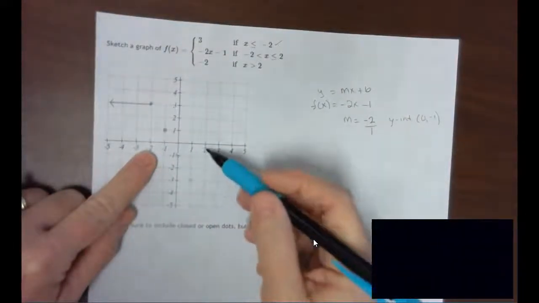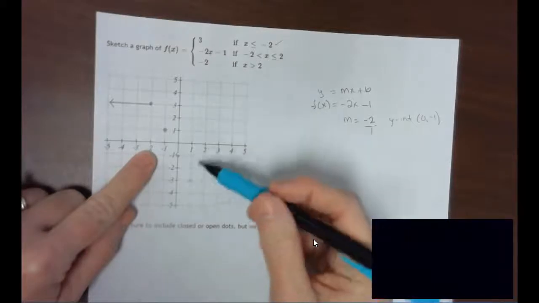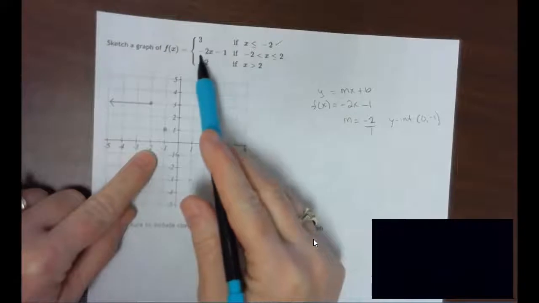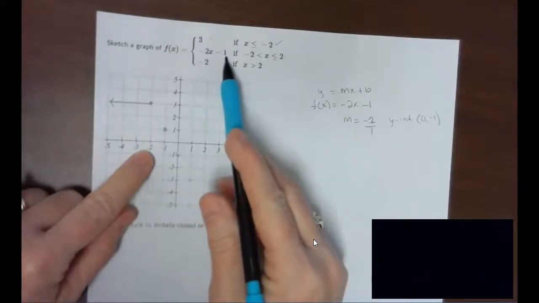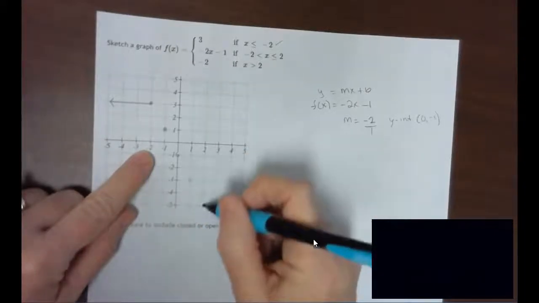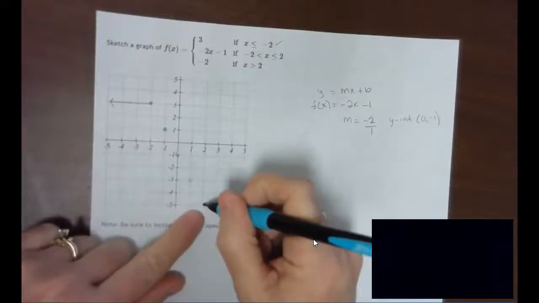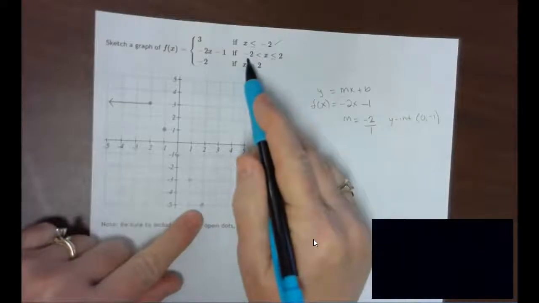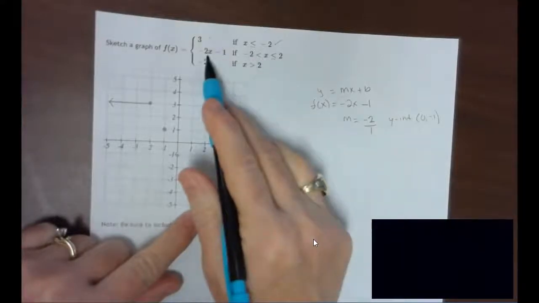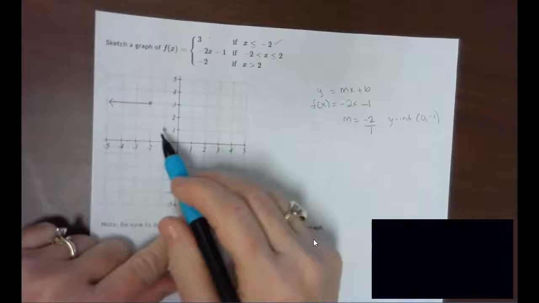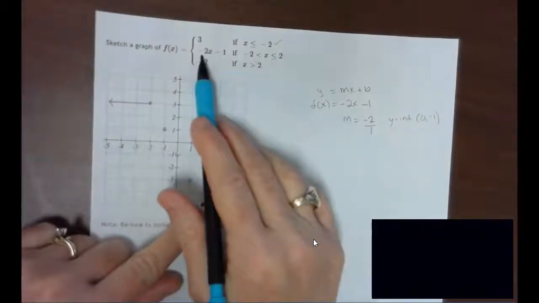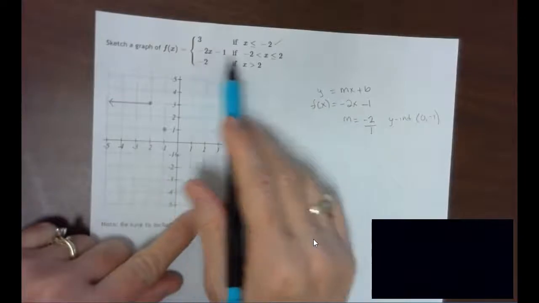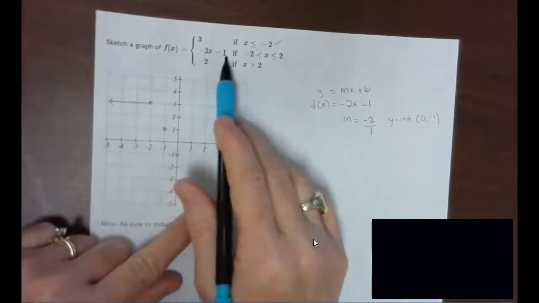Since it goes to 2, I want to know what's going on at 2 for this function. When I plug 2 in, I get -4 minus 1, which is -5. So at 2, we're going to be at -5, and it will be a closed dot because of the equal sign. And then at -2, if I plug -2 in, I get 4 minus 1, which is 3.